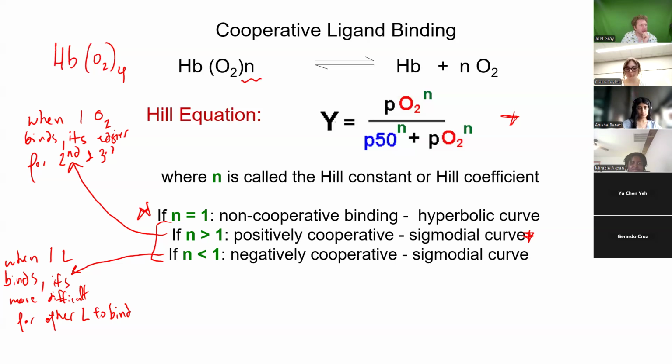Let's say that positive cooperativity, and I'm going to say HB1, HB2. The first O2 molecule to bind needs, or what hemoglobin needs, is the PO2 of the environment to be, let's just say 10 torr.